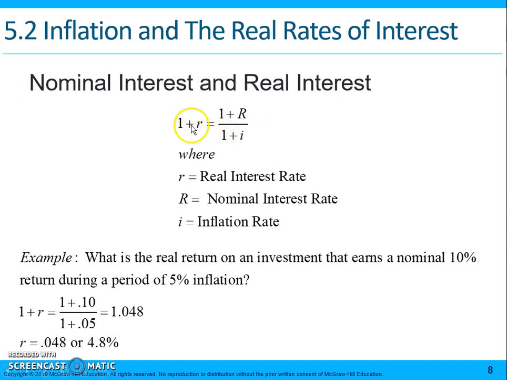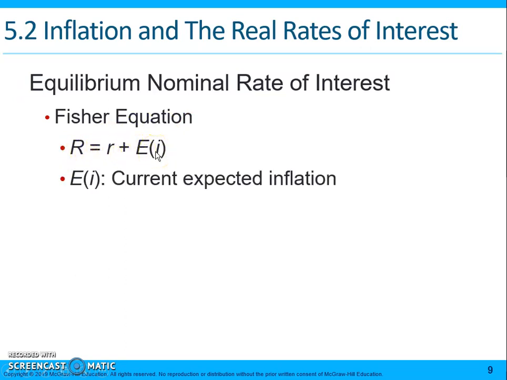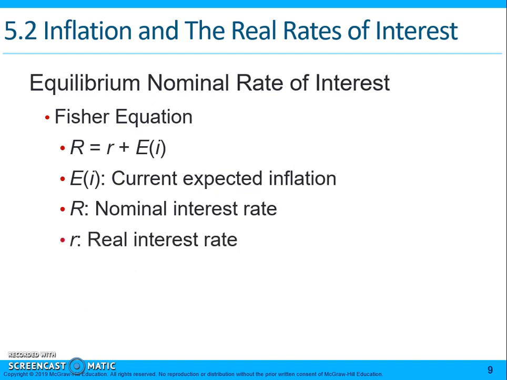Well, ri is a really small number, so we can ignore that, and we can do an approximation with this formula. So the nominal rate of interest is equal to the real rate of interest plus expected inflation. Here, i equals current expected inflation, R is the nominal interest rate, and the lowercase r equals the real interest rate.